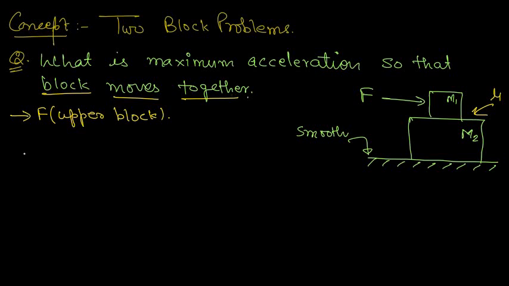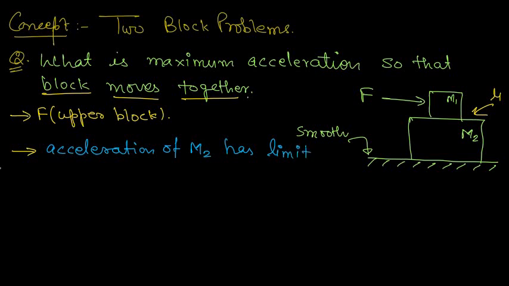Okay, so what concept we are going to use is this. The acceleration of m2 has a limit. Why is there a limit? Because I am applying a force F on m1, so why does the block m2 move?